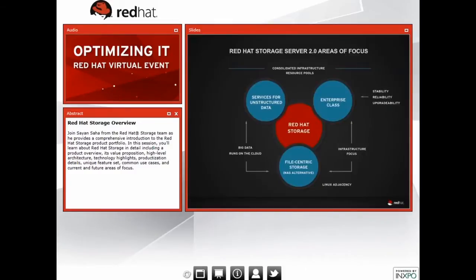With that, I briefly touch upon what has been the Red Hat Storage Server 2.0 areas of focus. Our current shipping version of Red Hat Storage Server is 2.0. It was released in June of 2012 at Red Hat Summit, and the key feature we focused on was making it enterprise class, because we acquired a startup called Gluster, where we made the technology acquisition, and we put a lot of effort in making it robust so that we can stand behind it.